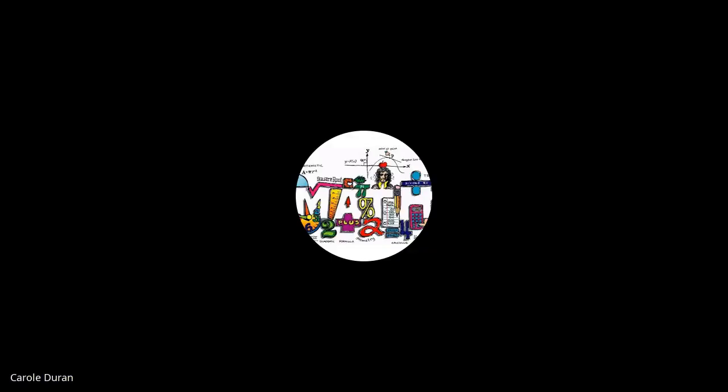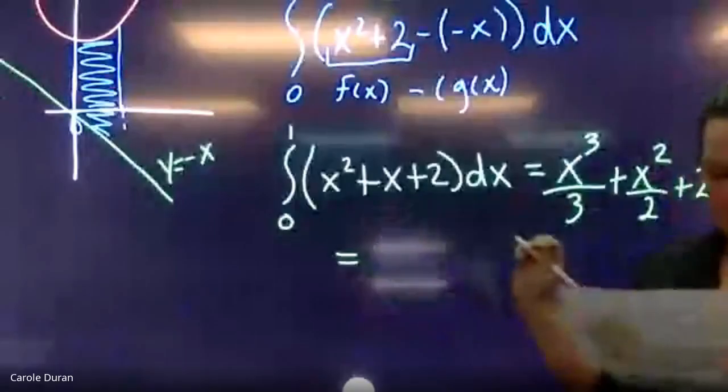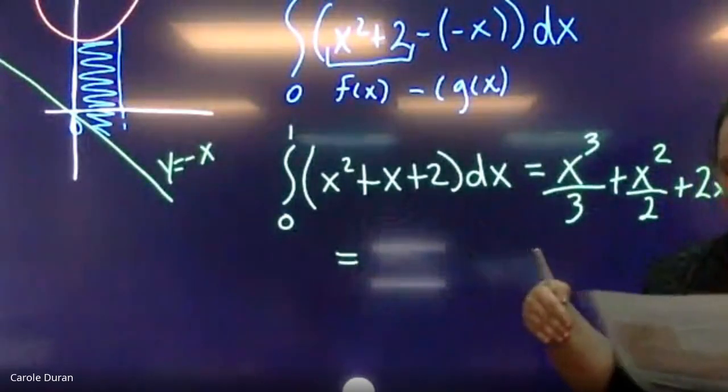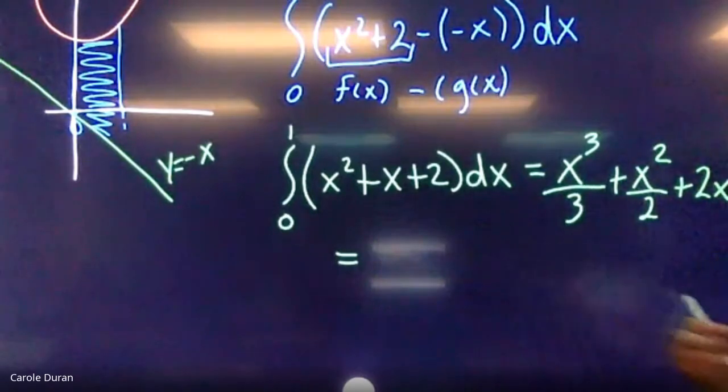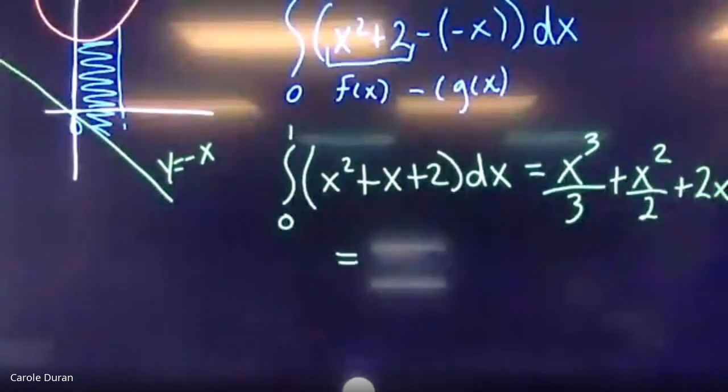And you should get 17 over 6. What'd you get? I got 2.833. Sorry, I said 17 over 16 by mistake. 2, 3, 5, 6, 12, 17.